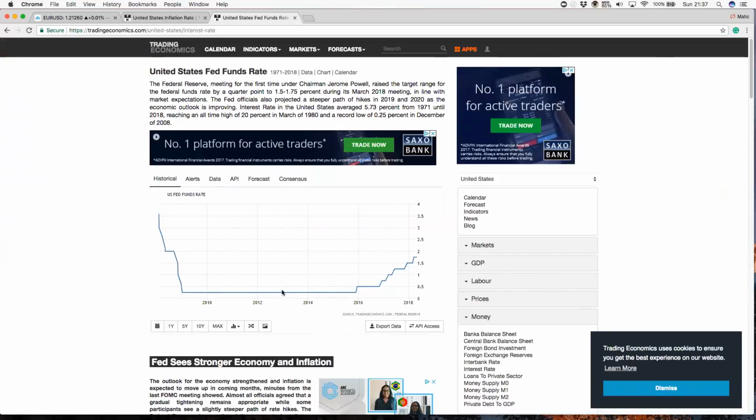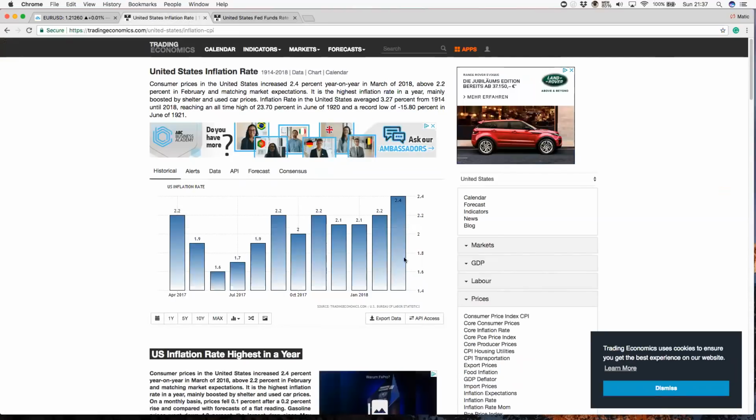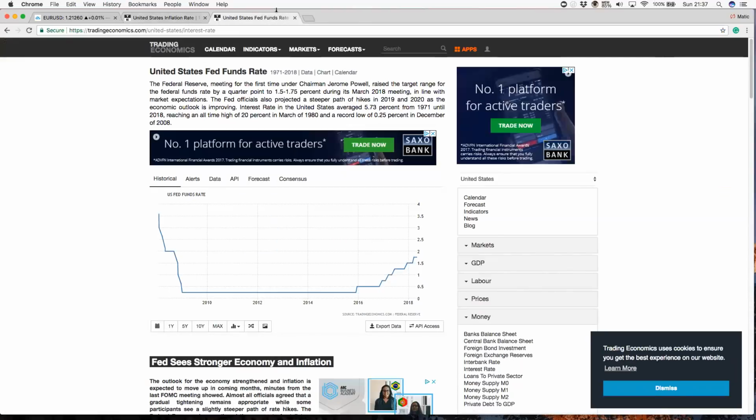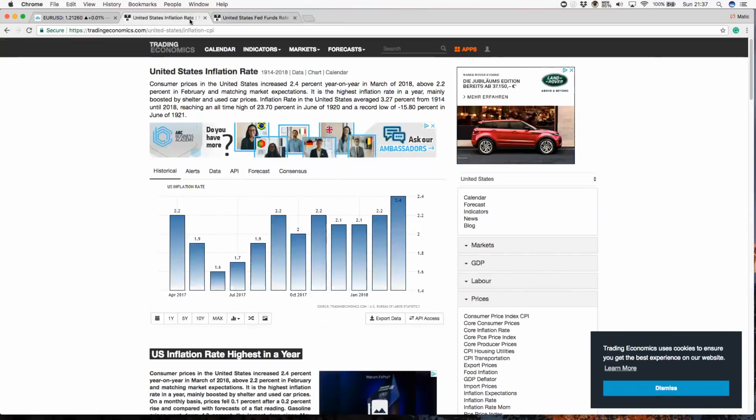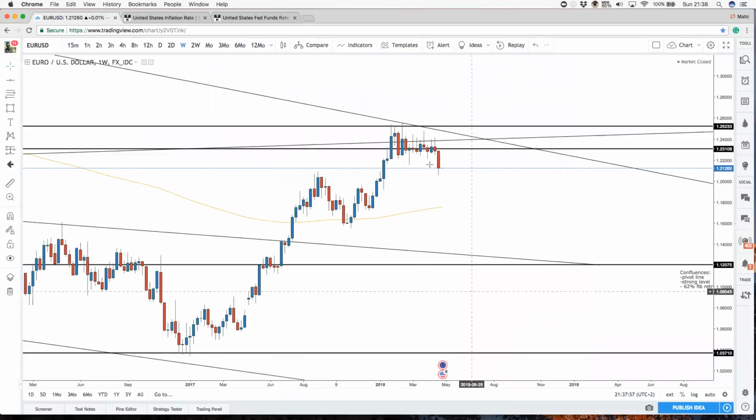That is, for example, the reason why the stock market crashed in January. So we saw rising inflation and we saw rising interest rates. Interest rates are very good for the dollar, so they make it strong, and inflation is very bad for the dollar. If we have both rising, then we can only see consolidation. That's what happened here.